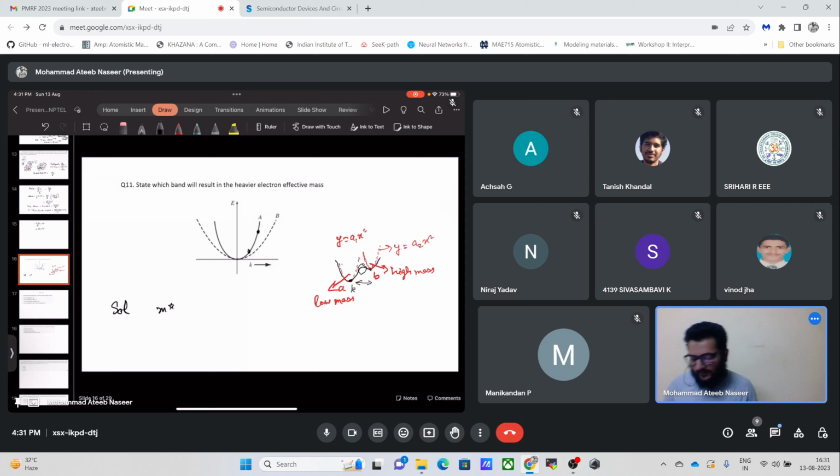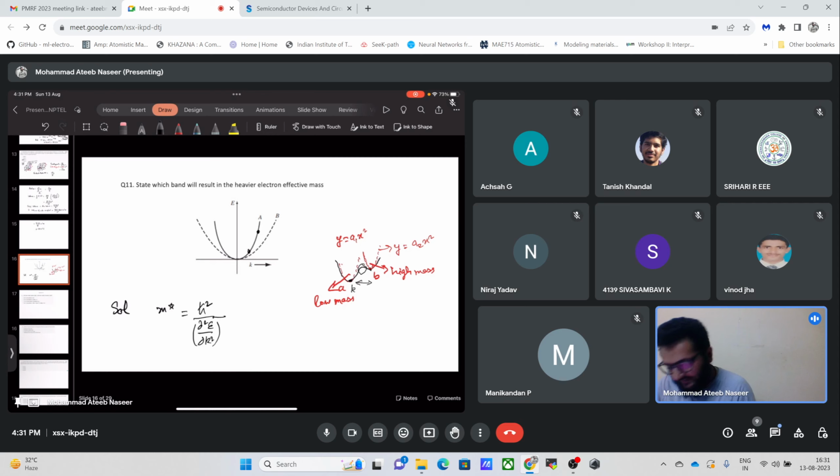So now m star is h bar square by d square E by dk square. Whenever we see any kind of curve where we have been told to find the effective mass or comment on the relationship between the two curves, we just need to look at how fast the slope is changing, the second derivative.